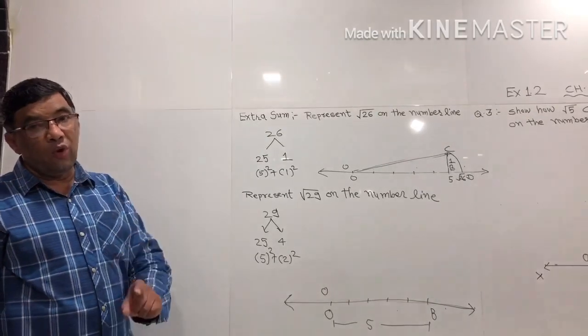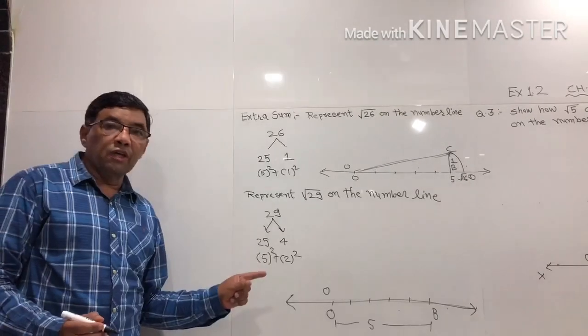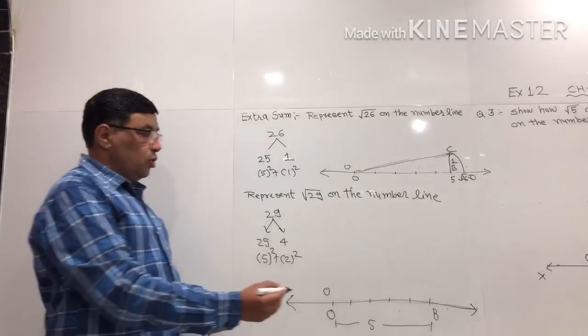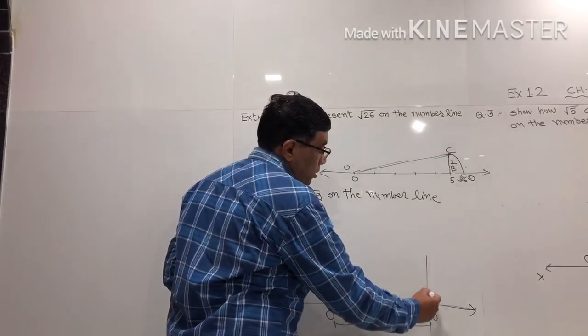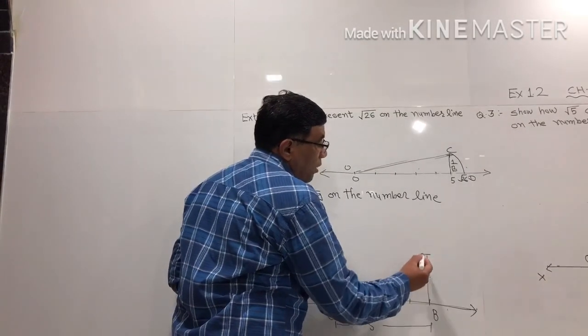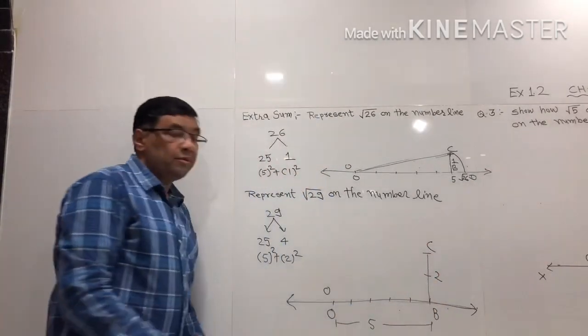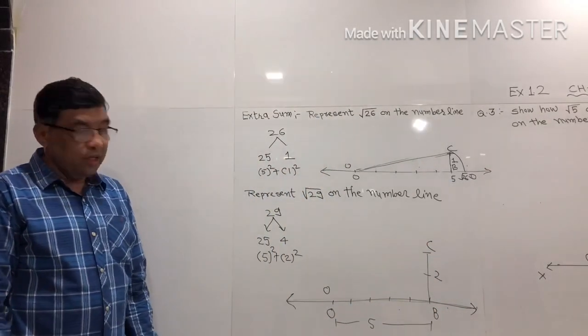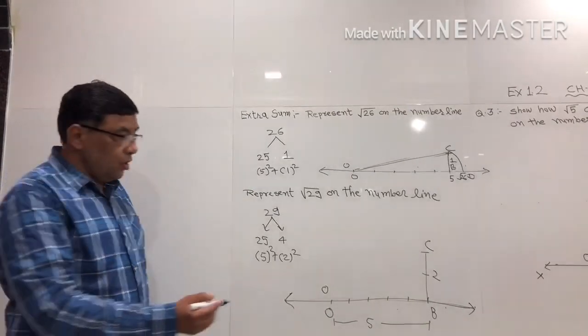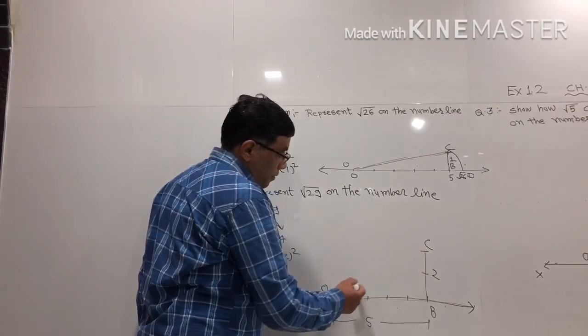Means 1 unit is equal to 1 centimeter. So 2 unit is equal to 2 centimeter. So we mark a perpendicular BC here. So 2 centimeter. This one is 2 unit. BC equal to 2 unit. Then we join OC as we had done previously.